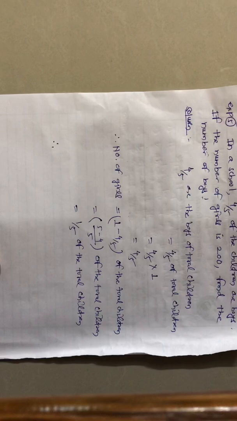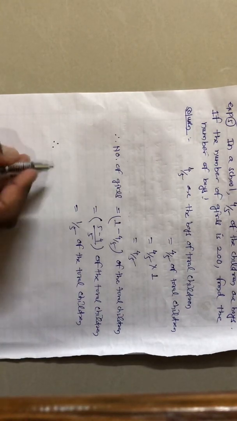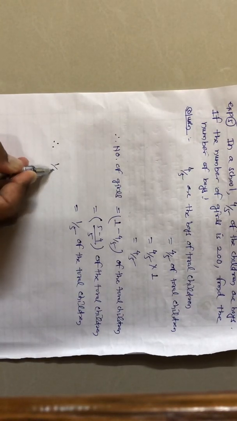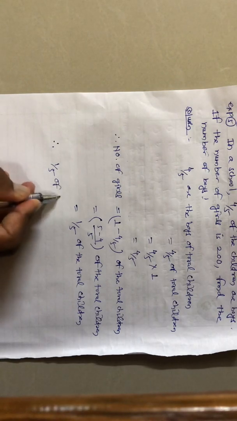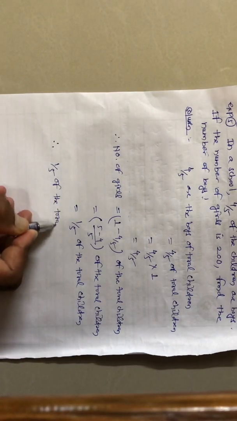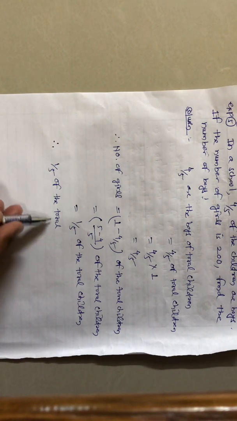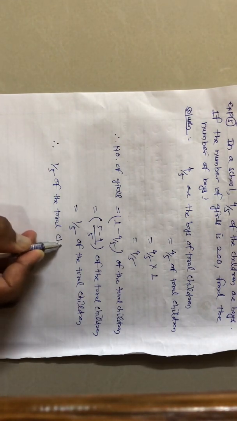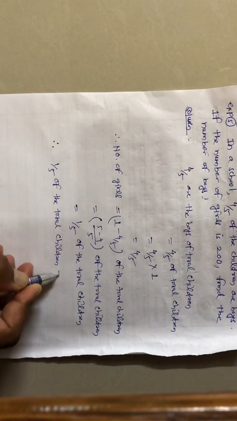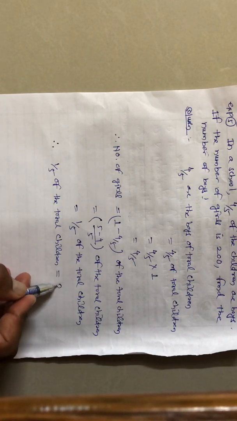Now see, 1 by 5 are the girls of the total children is equal to, as we know the number of girls is 200.